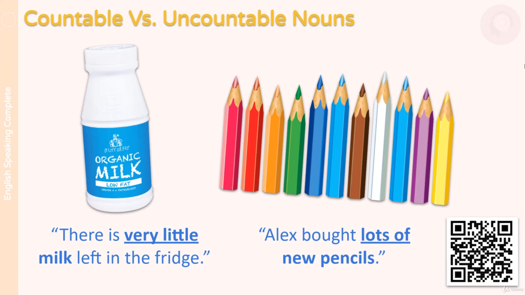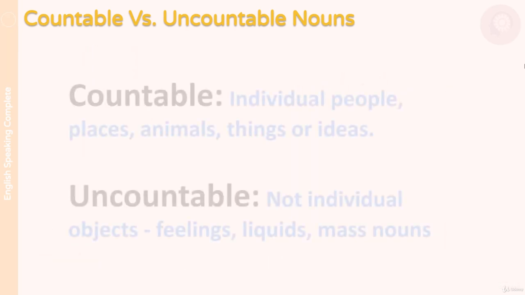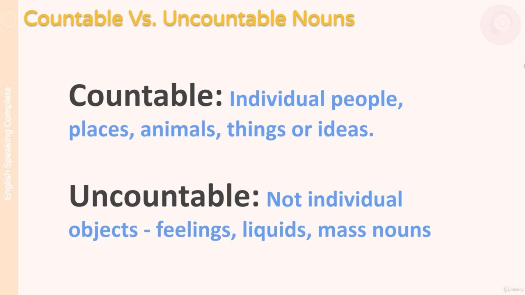But here is just a quick shortcut to remembering countable versus uncountable. So countable nouns are for individual people, places, animals, things, or ideas.